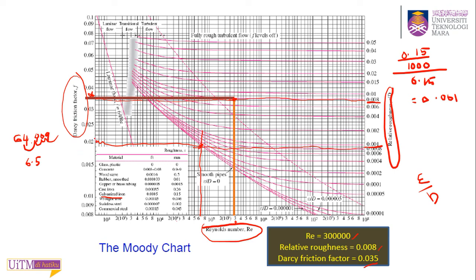When I do this properly, I get 0.023. You can double check this if you draw a line properly, but this is how you do it. You will get 0.023, your f.